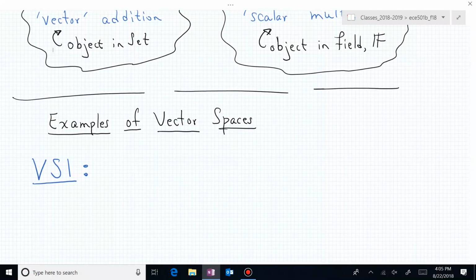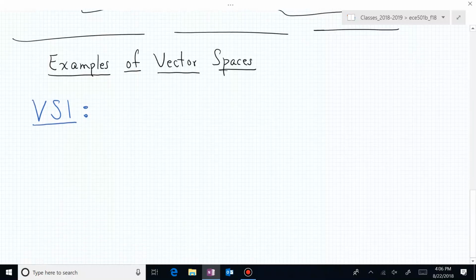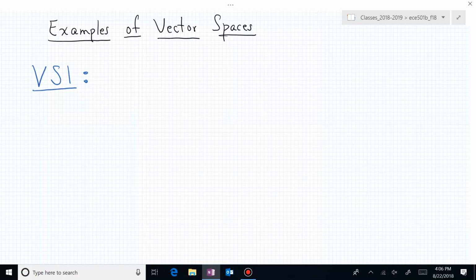Here are some examples of those, and I'm calling it VS1 through, and you already know where we're stopping, so we will see about that. We'll start with maybe the obvious vector space. V is equal to the real line.